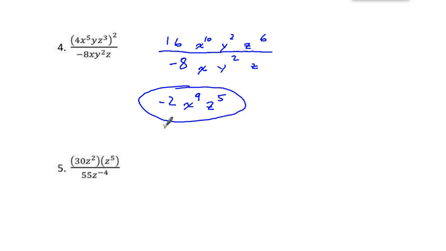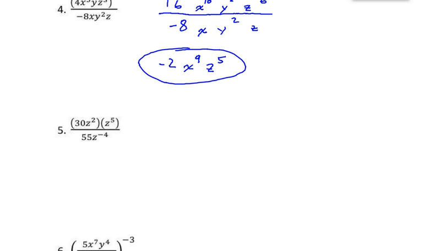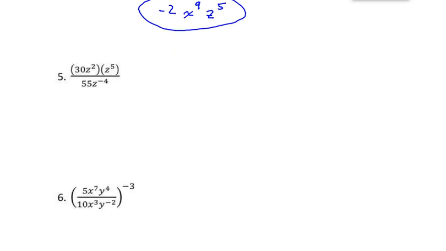In example 5, in the numerator, 30z squared times z to the 5th. 30z to the 7th, because we're adding exponents when we multiply the same base, divided by 55 z to the negative 4.